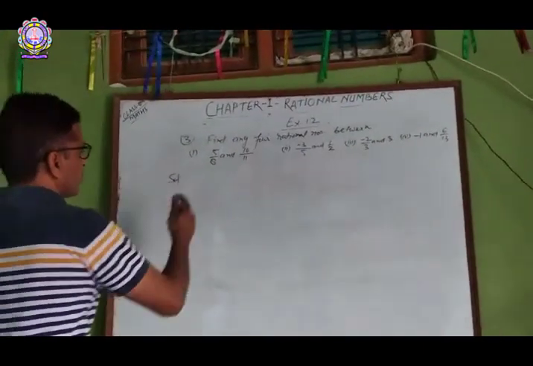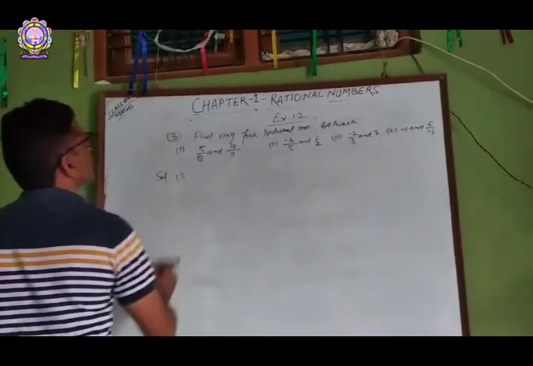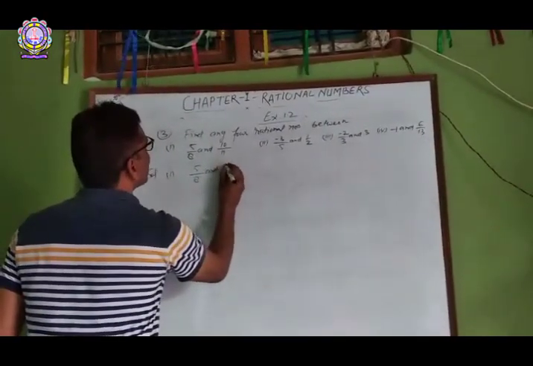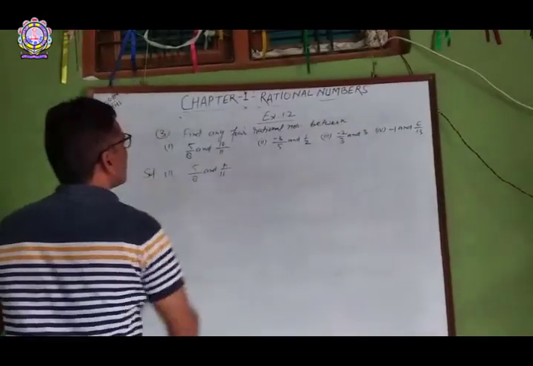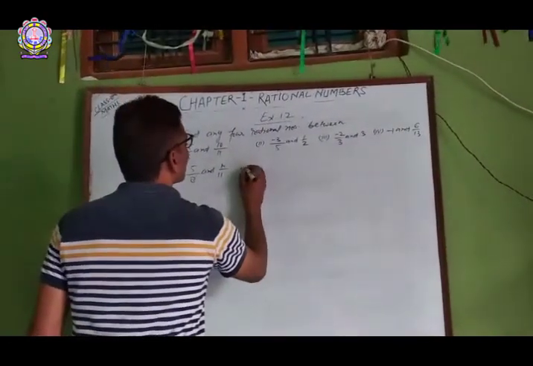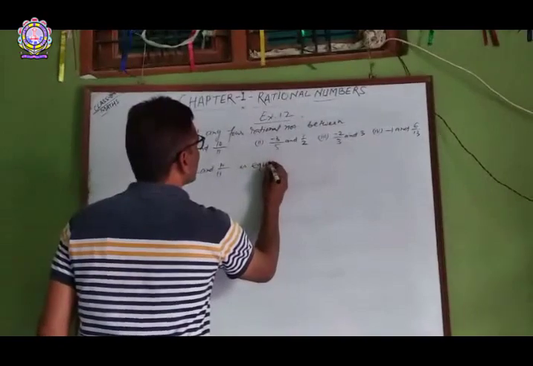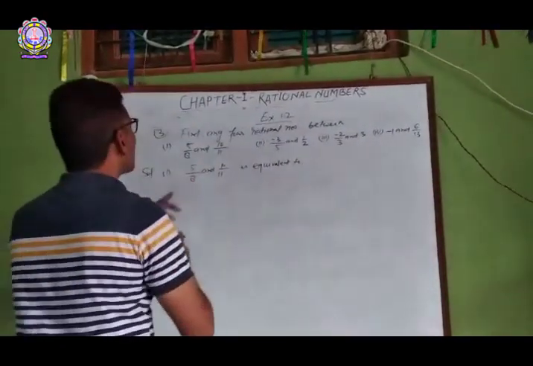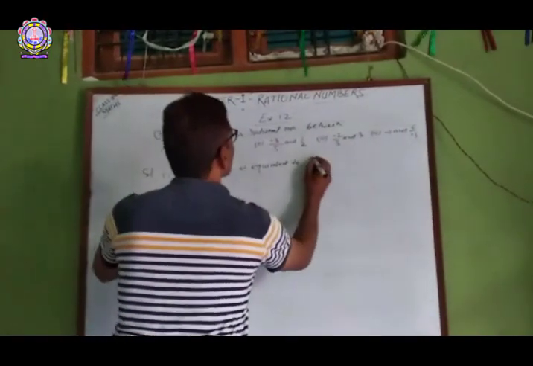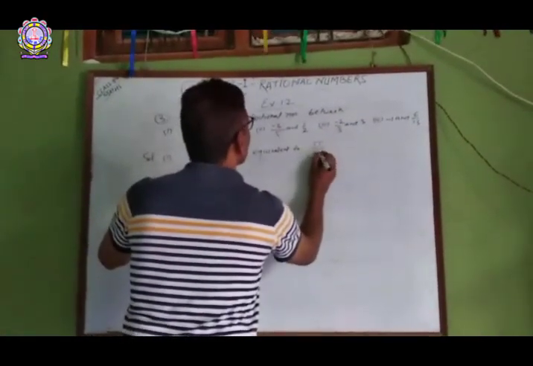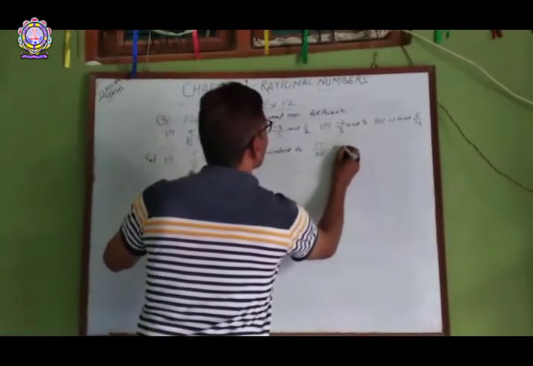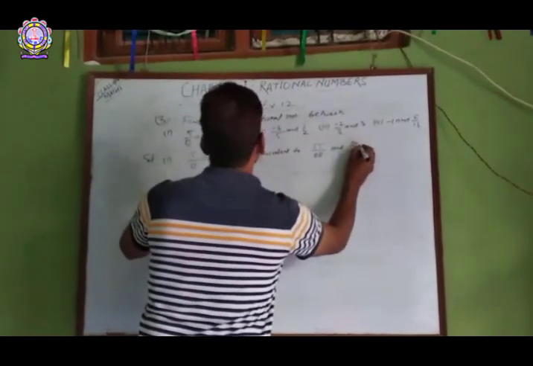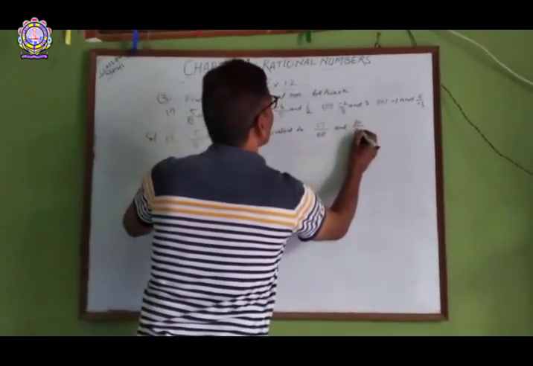Okay, students, now we will solve part first. That is 5/8 and 10/11, which is equivalent to 55/88 and 80/88.